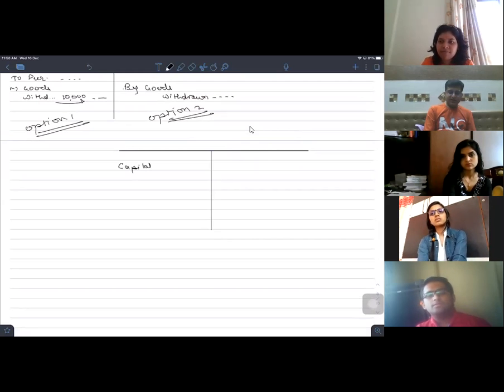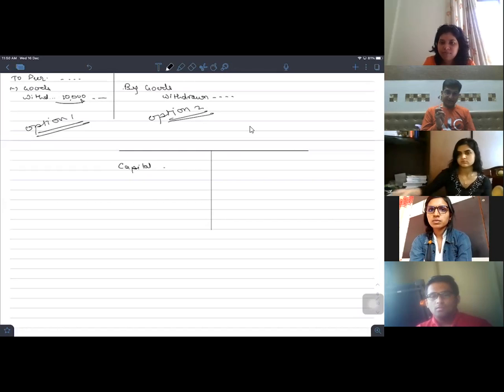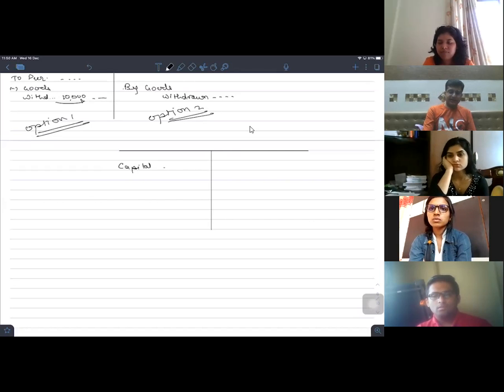Because goods withdrawn are nothing but added to the drawings only or not. And the balancing figure of capital will be appearing in the outermost column. You get that? So one effect of that will go into the trading account, either onto the debit side as subtracted from purchases or shown into the trading account credit side. That's one effect. And second effect of this will be what? Into the balance sheet onto the liabilities side as subtracted from the capital. Got it?